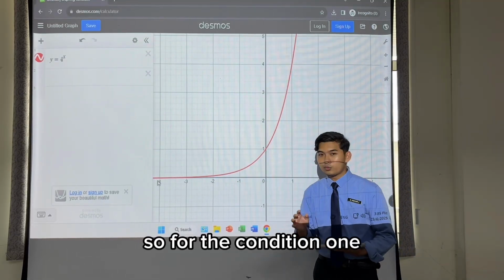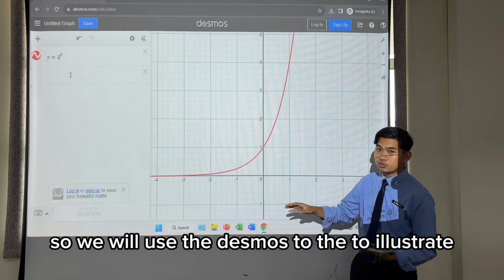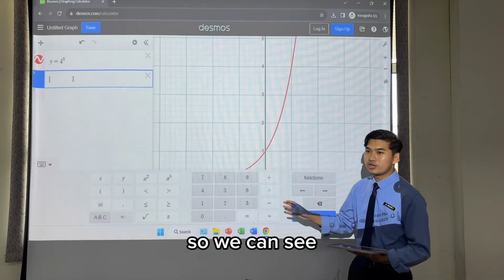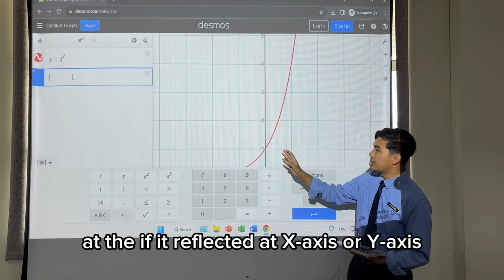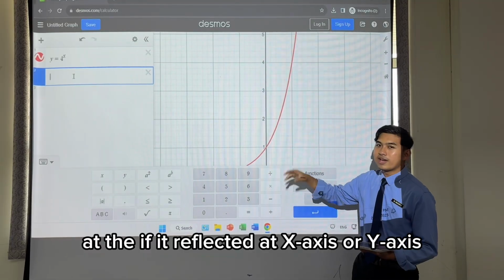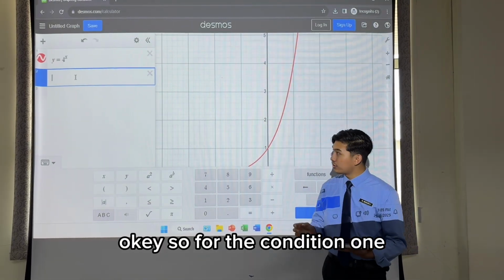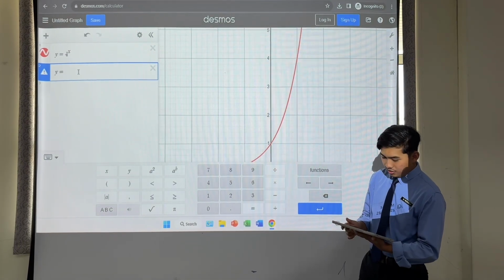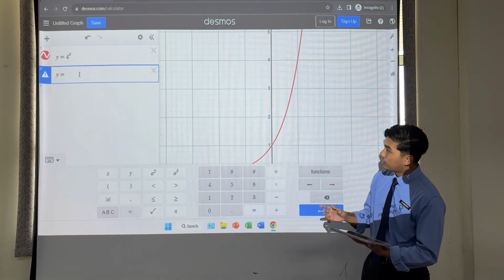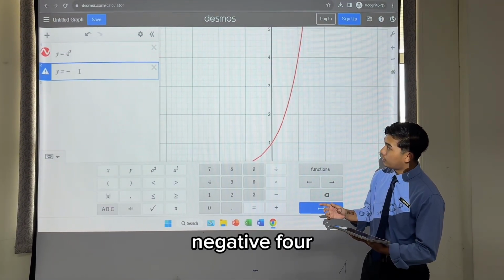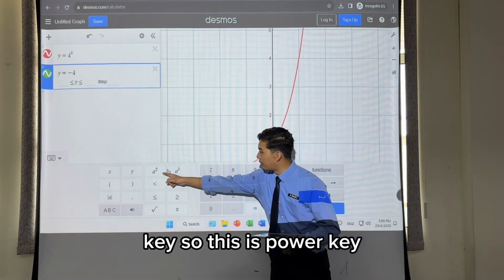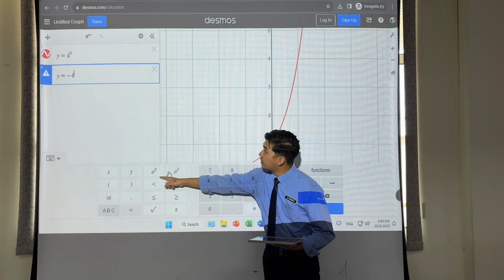For condition 1, we will use Desmos to illustrate the graph, so we can see whether it is reflected at the x-axis or y-axis. For condition 1, we type y equals negative 4 to the power of x.